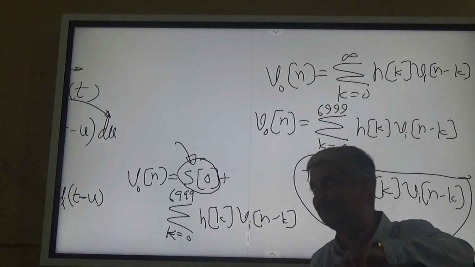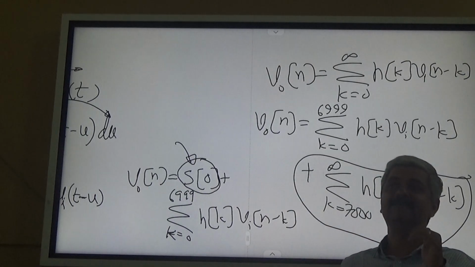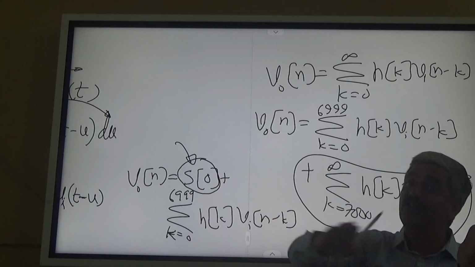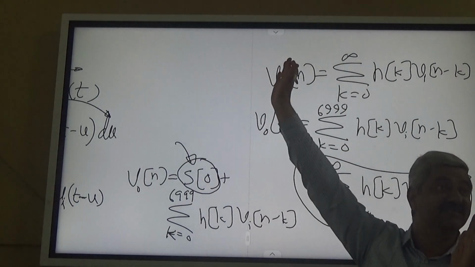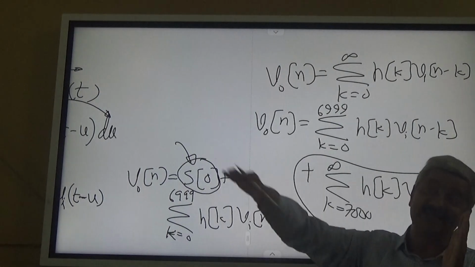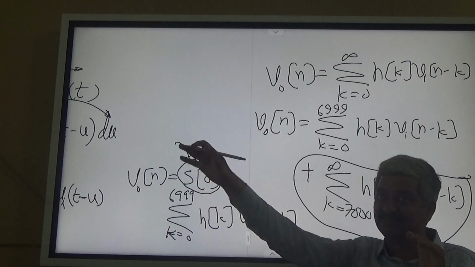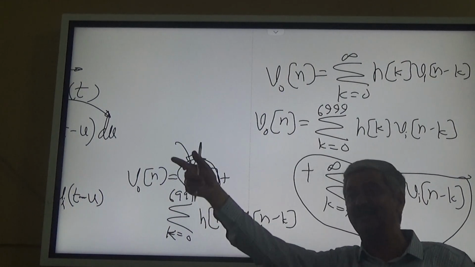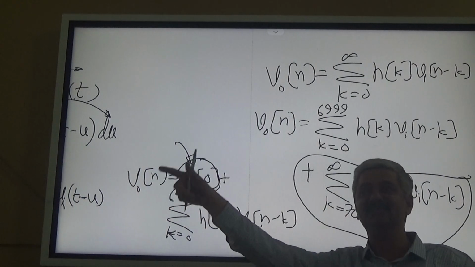So the current output is a weighted sum of the current and all previous inputs. When I say all, it goes back to minus infinity. I can't go back. Therefore, at some point of time, what this system was is known.